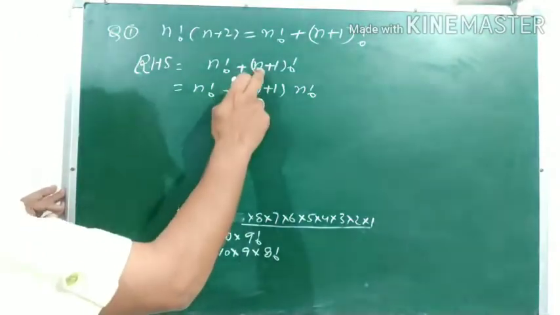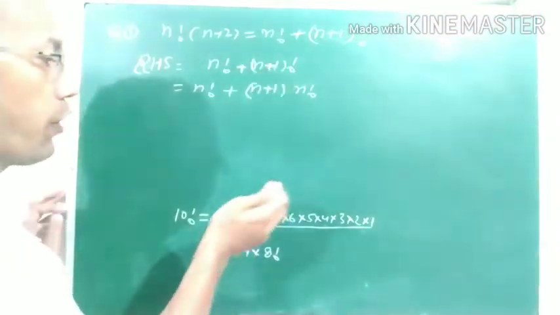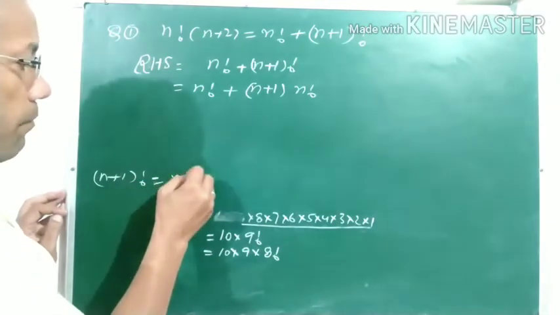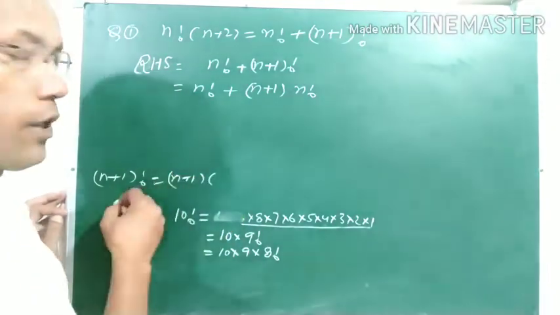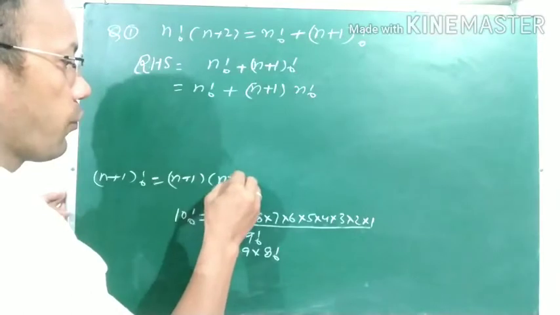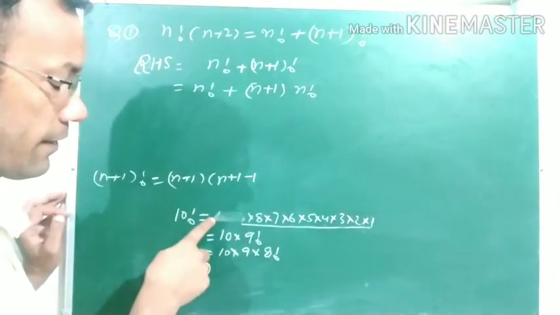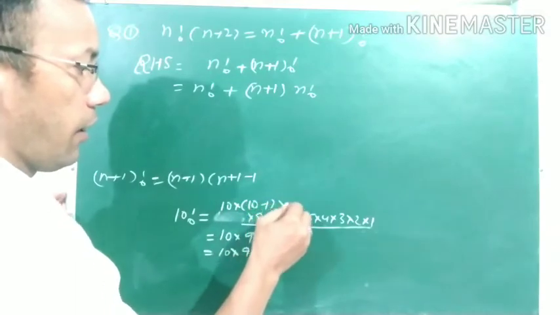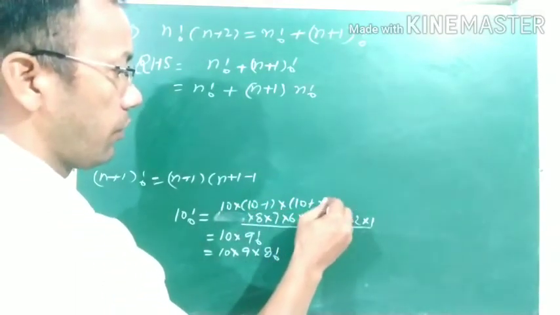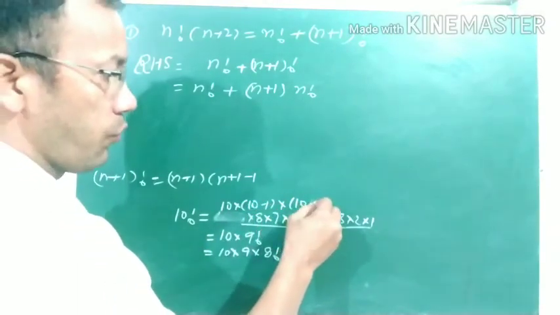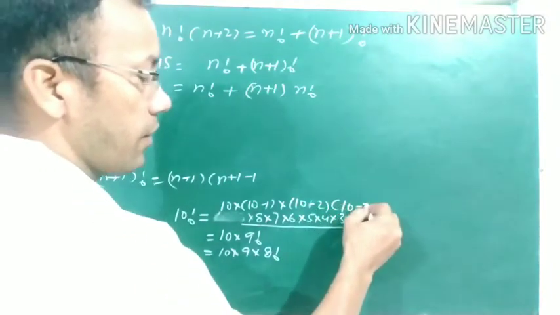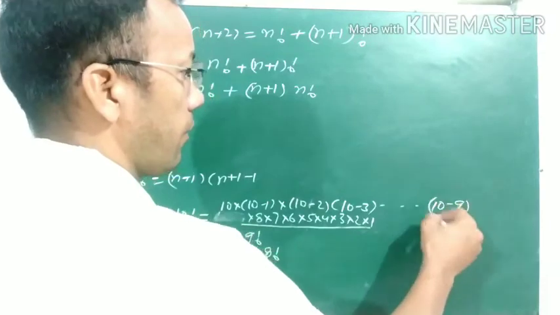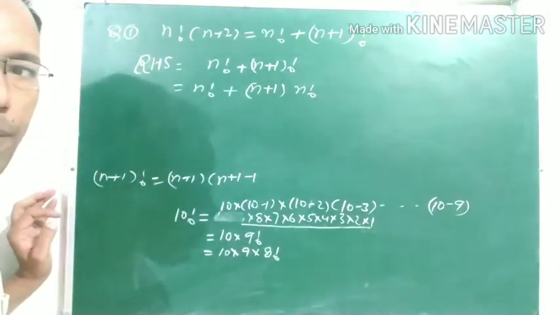So see this one, n plus 1 factorial means n plus 1 into n plus 1 minus 1, one less. This is 10 into 10 minus 1, 9, into 10 minus 2, 8, into 10 minus 3, 7, and so on up to 10 minus 9, not 10 minus 10.